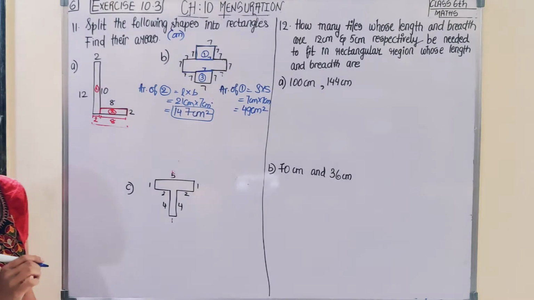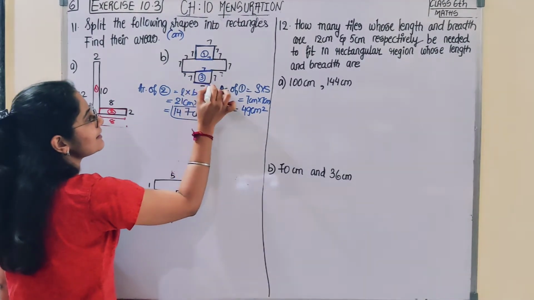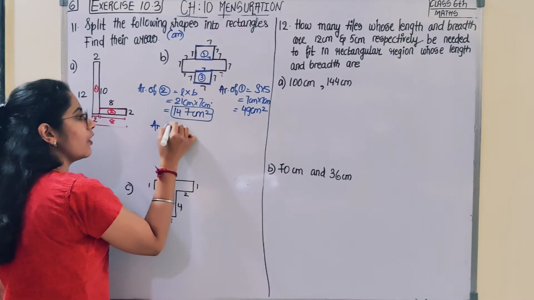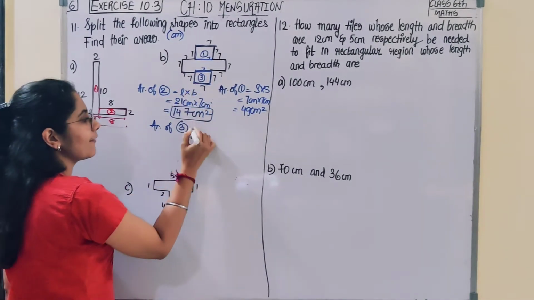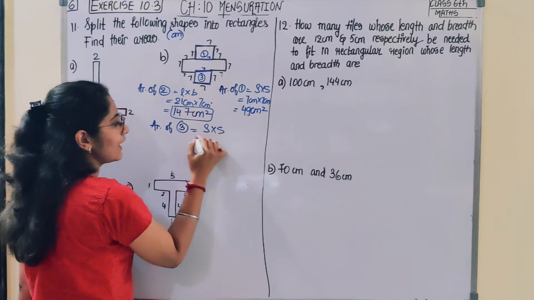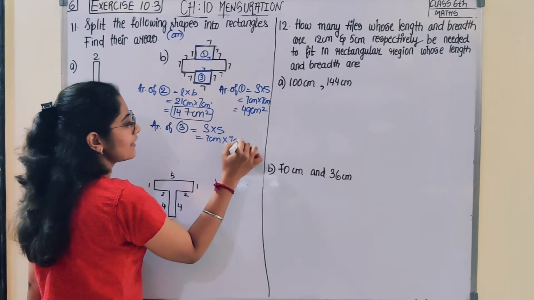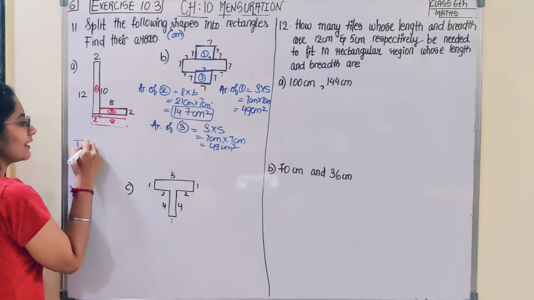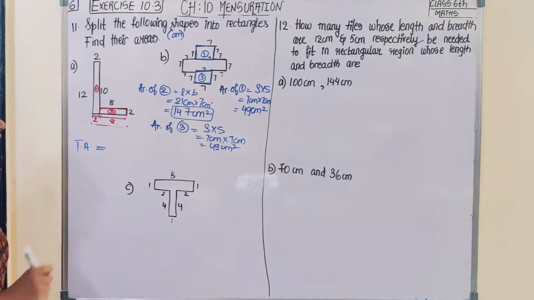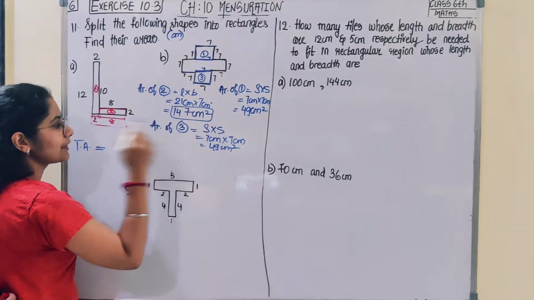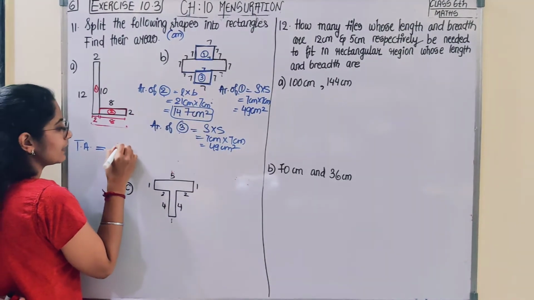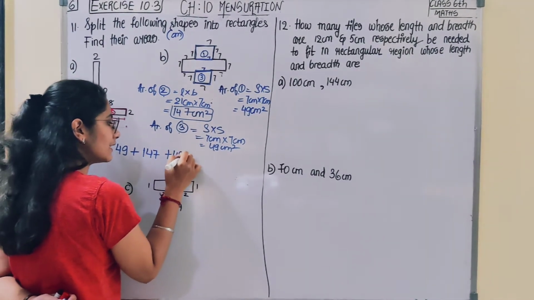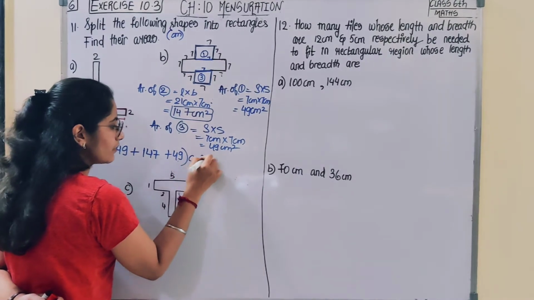Similarly this third, this is 7, this is 7, this is 7 and this is also 7. So area of the third portion which we have made is side into side, 7 centimeter into 7 centimeter, that is 49 centimeter square. Now we have to calculate total area, TA. Total area is area of 1 plus 2 plus 3, that is 49 plus 147 plus 49 centimeter square.